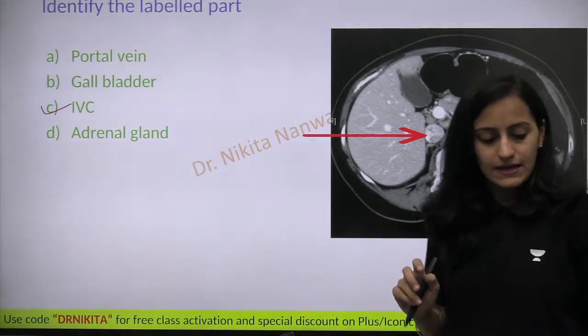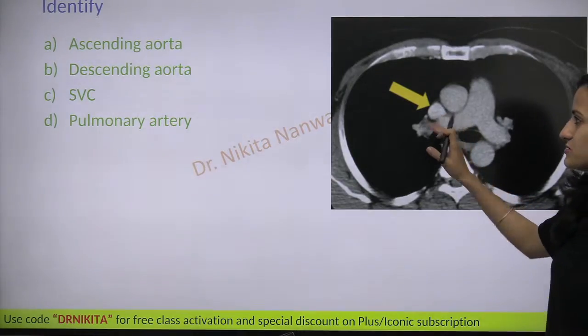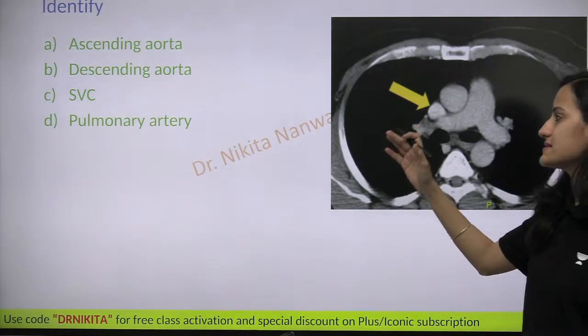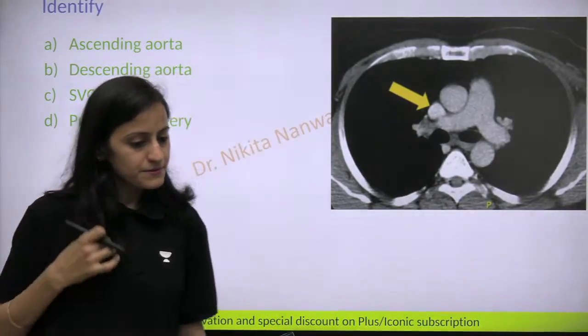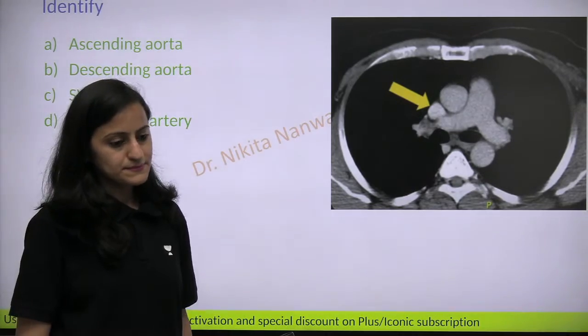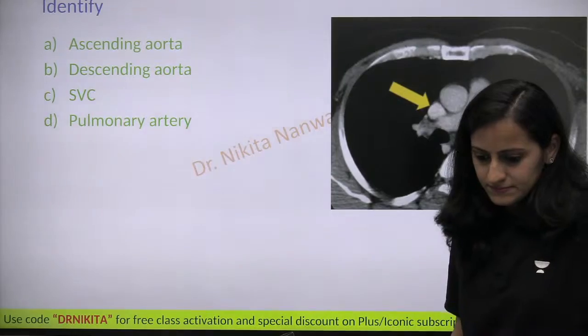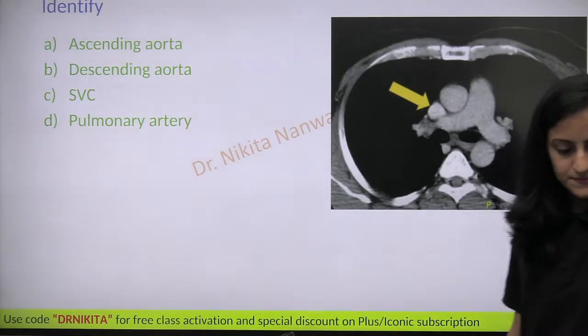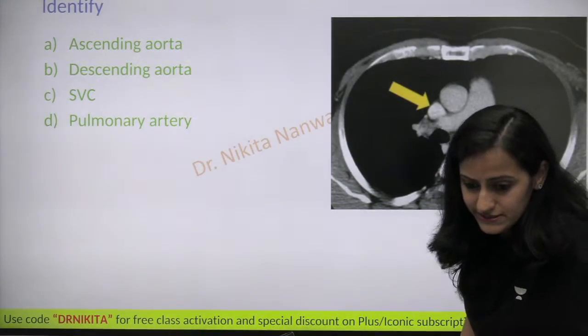Okay, let's go to the next question. Identify this structure. Is it the ascending aorta? Is it the descending aorta? Is it the SVC or is it the pulmonary artery? What do you think is the labeled structure here?